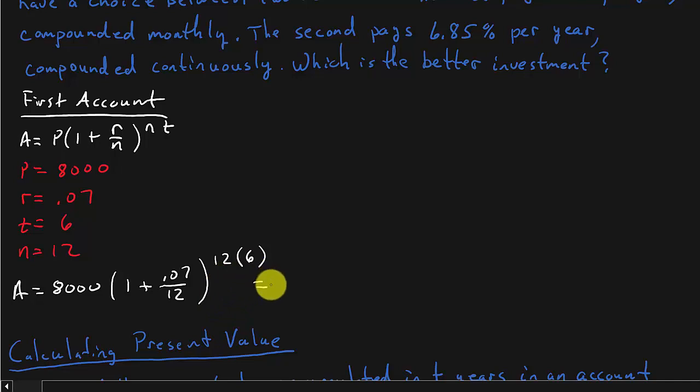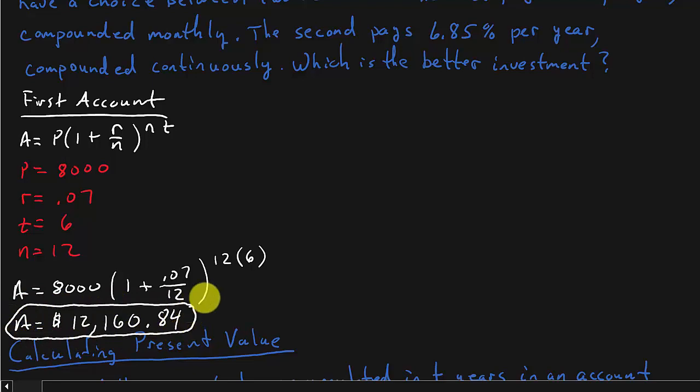And when I punch that into my calculator, I'm going to get A equals $12,160.84. Okay. So that's what I would get from the first account. Now let's look at the second account. And let's write the formula down.